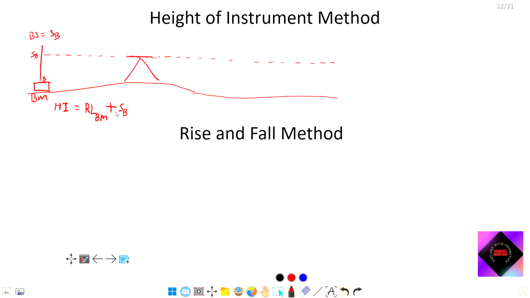So this height of instrument is fixed unless we move our instrument.